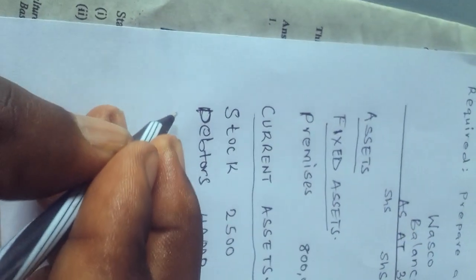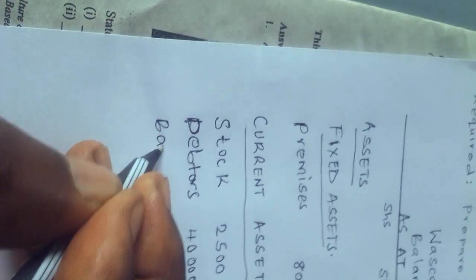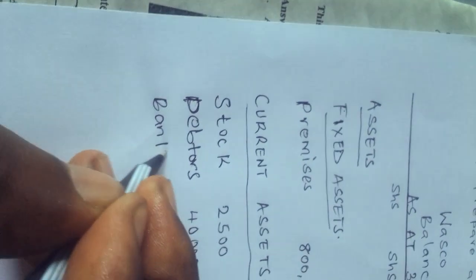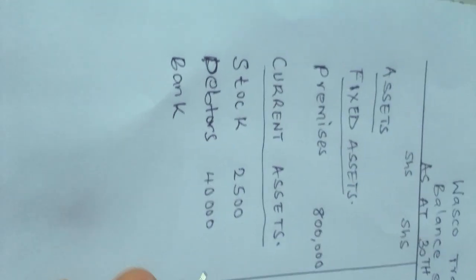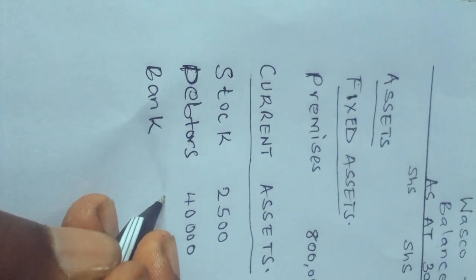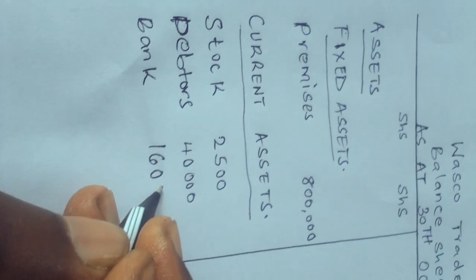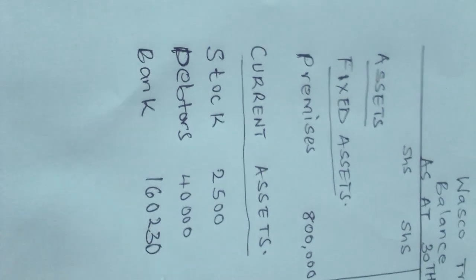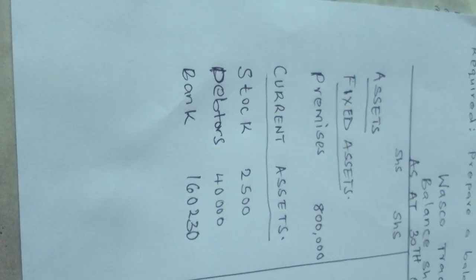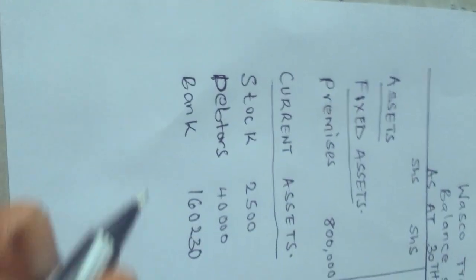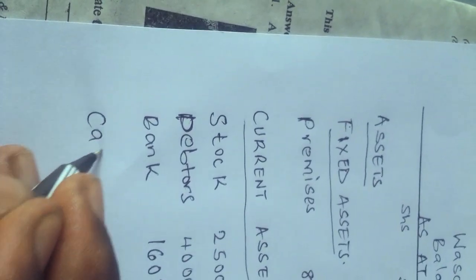The next one is long-term liabilities. And you put a line. You underline the long-term liabilities. And under long-term liabilities, the long-term liability that we have here is a 2-year loan.